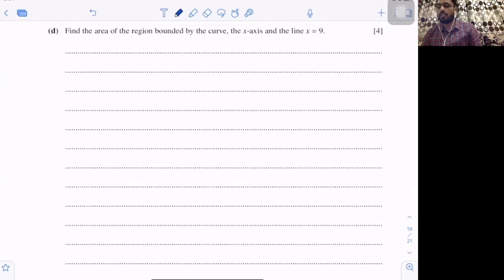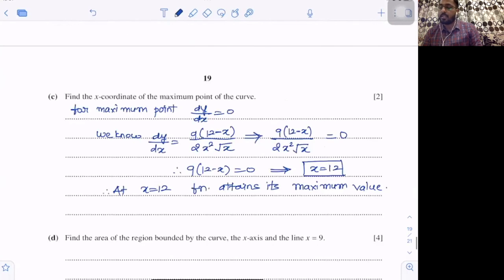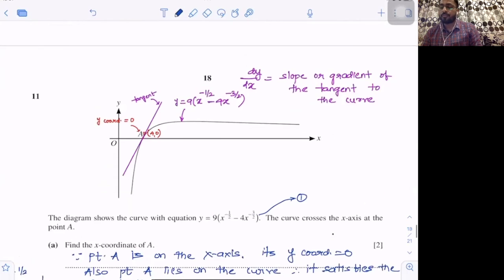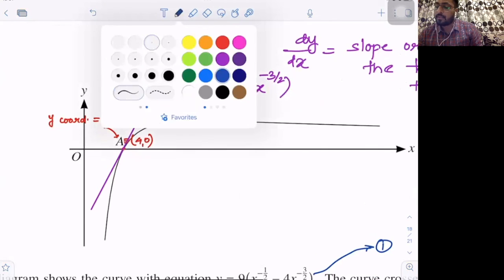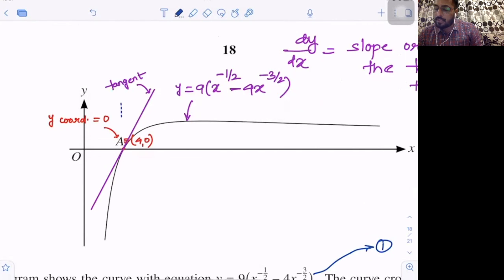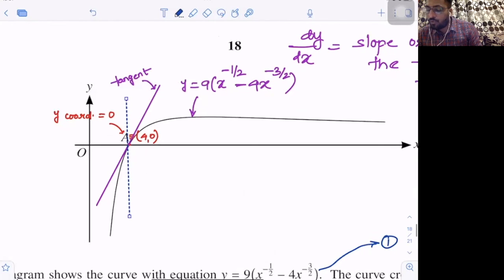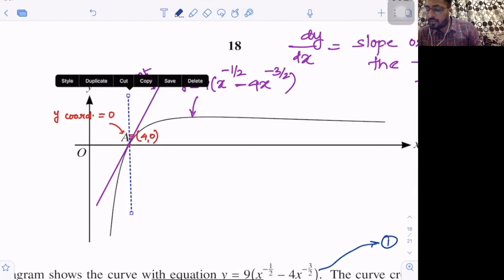And now for the last part, students, find the area of the region which is bounded by the curve, the x-axis and the line x equal to 9. So I again go back to the graph. Okay, so I now definitely know that this is the vertical line whose equation is x equal to 4, right?